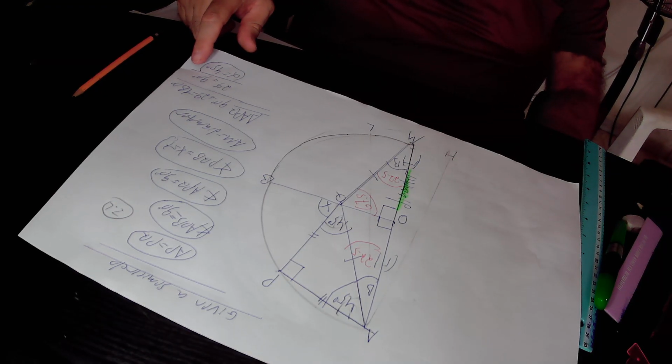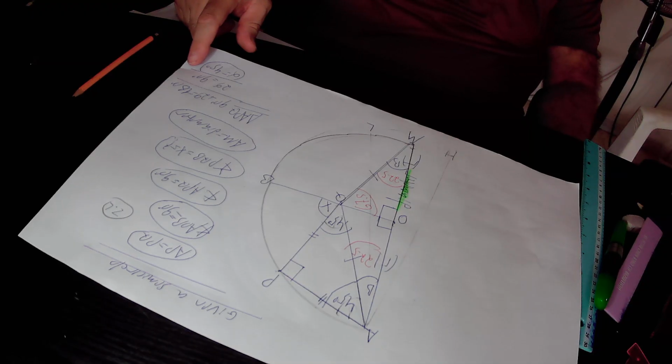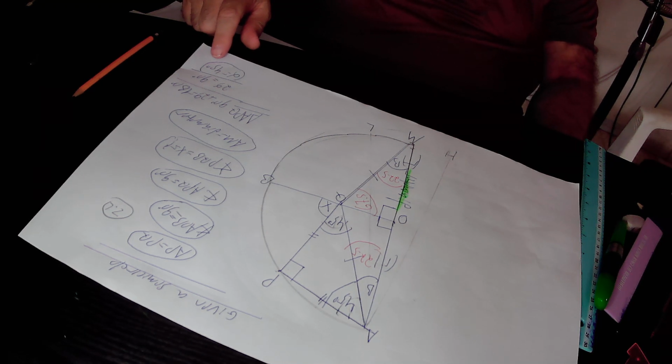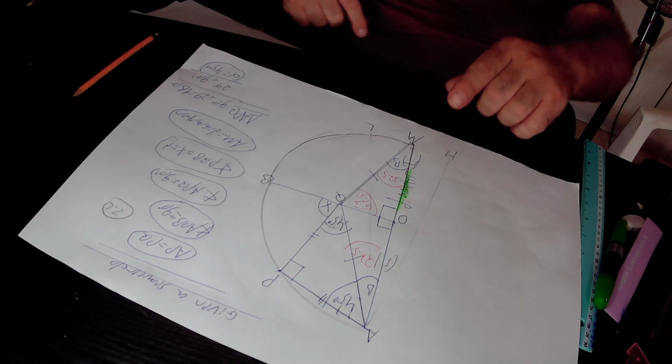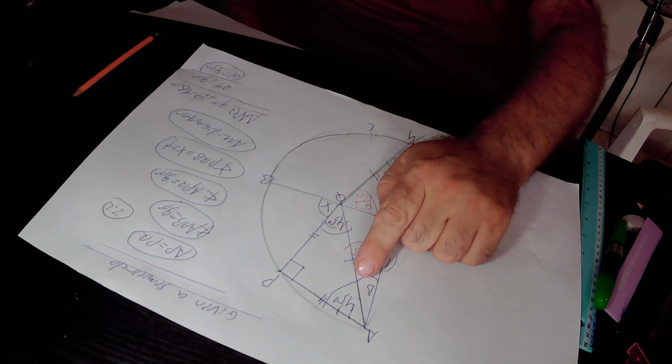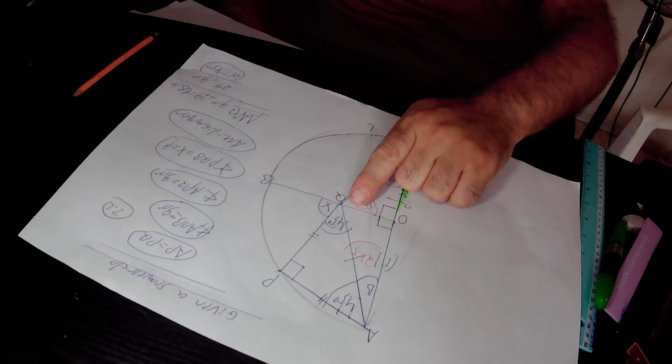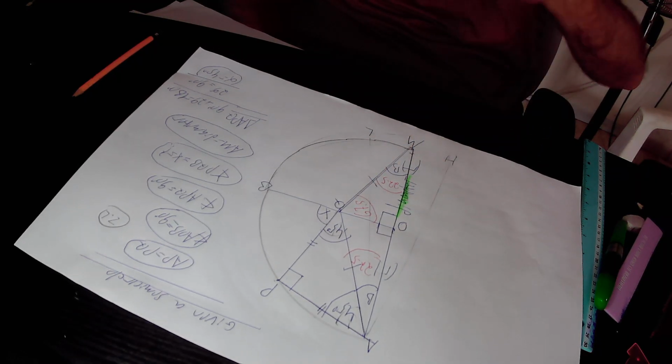If we subtract 90 degrees from this equation, 180 degrees minus 90 degrees is 90 degrees. So 2 alpha equals 90 degrees. If we divide this equation by 2, we find that the missing angle alpha equals 90 degrees over 2, which is 45 degrees. So this is the missing angle alpha that is equal to 45 degrees in size, and this is also the missing angle alpha that is equal to 45 degrees in size.